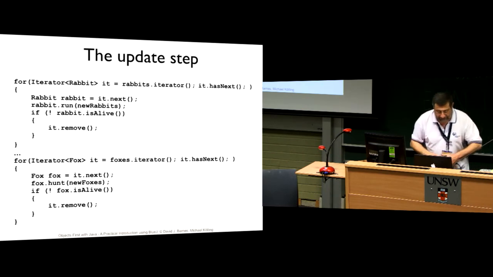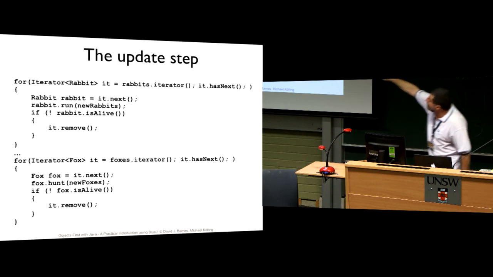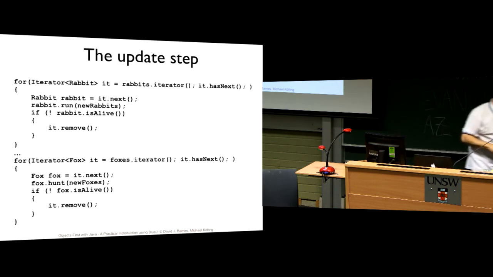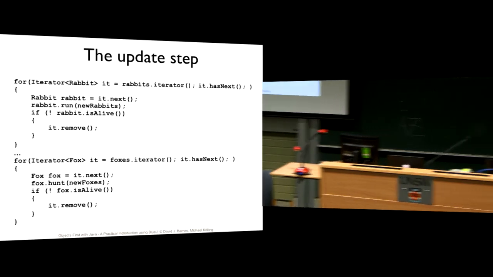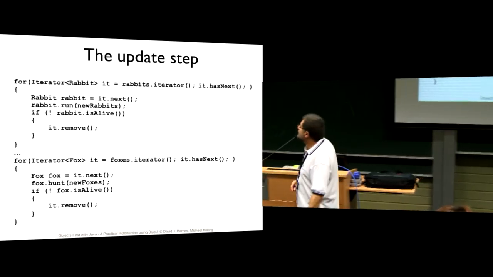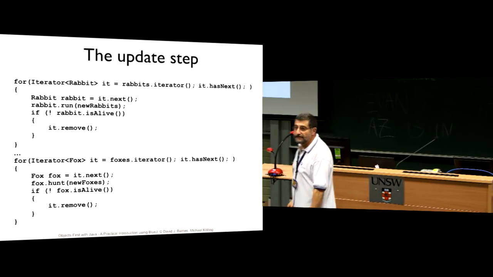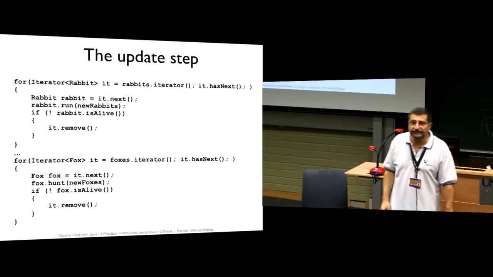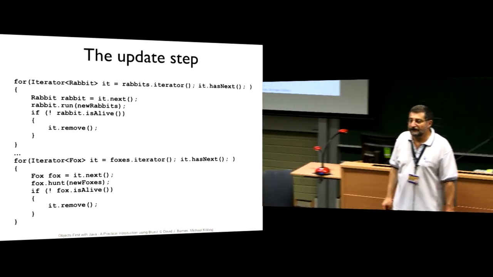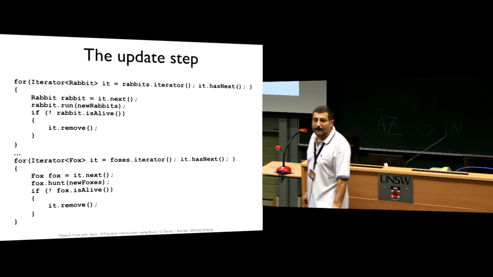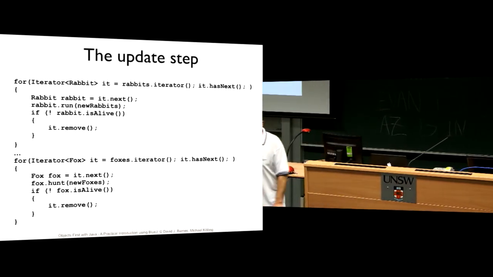Probably should have a look at that. Well, let's come back to new rabbits. What's the if statement doing for us there? So if not rabbit is alive, what's that if statement doing for us? Checking if the rabbit's alive or not. And? If it isn't, they're going to remove it.